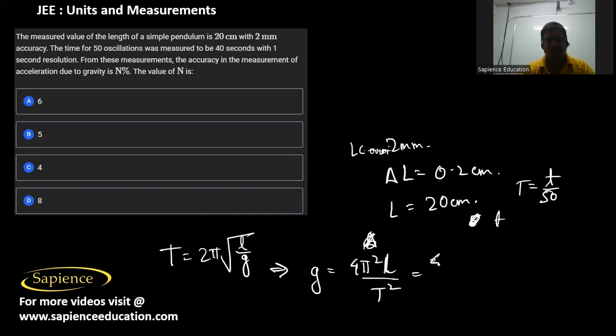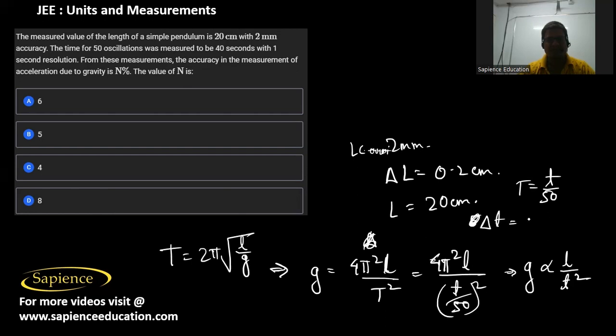So G will be 4 pi square L by (T by 50) whole square. Simply it means that G is proportional to L by T square. And the resolution for measurement of time, that is delta T, is 1 second. And this time T, for 50 oscillations, the time taken is 40 seconds.